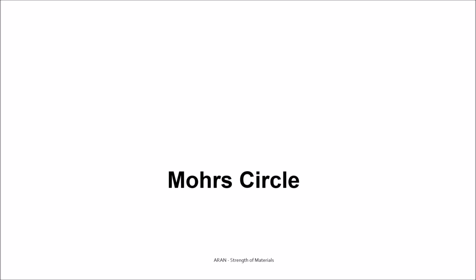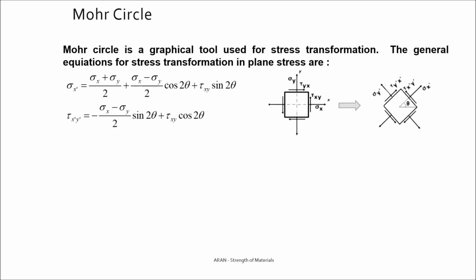In this video, we will discuss the Mohr circle. Mohr circle is a graphical tool which we use for stress transformation. So what we do in stress transformation is we know the stress components in a given orientation.